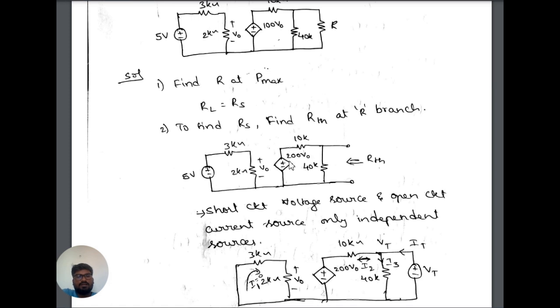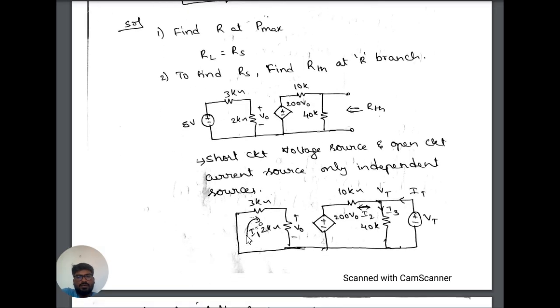To find the equivalent or source resistance, we need to deactivate the sources. These are independent sources, so we short the independent voltage source, and we redraw this circuit.